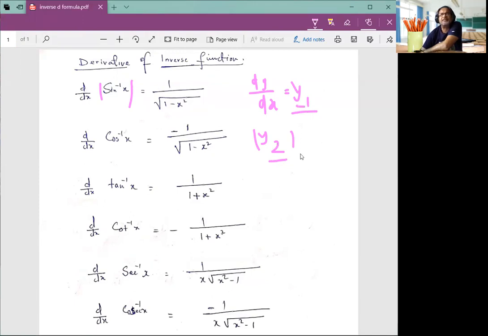I will give you an equation and you have to prove that. That means you have to find the first derivative y1 first, and then you have to find the second derivative. But in the problem, you will see there is some technique by which you will have to solve those problems. Now I will show you those things.